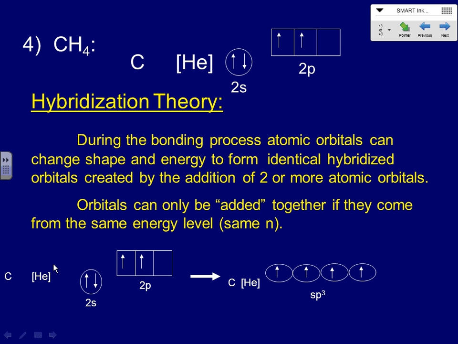So what hybridization theory does, it mathematically takes the 4 orbitals, the 2s and the 3 2p, and it mathematically puts them together into one big wave function. It's just adding waves together. And then, because chemists know that they must be identical orbitals pointing opposite directions, they simply took that wave function and divided it into 4 identical wave functions.